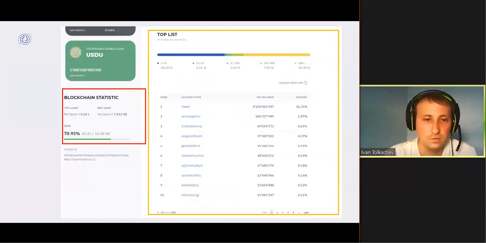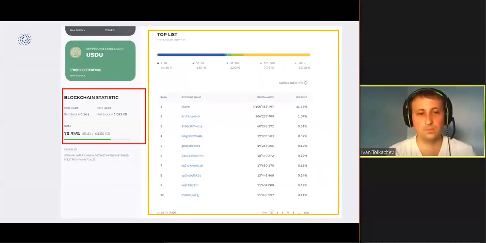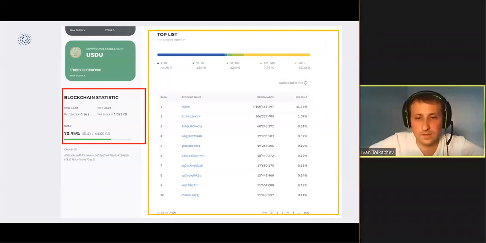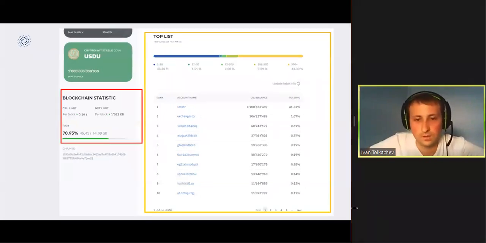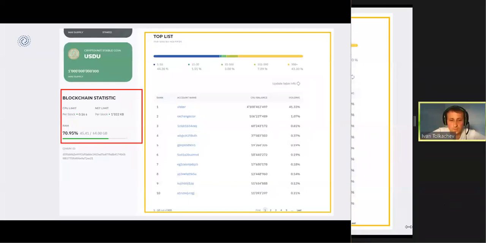If you scroll down this page, you will find additional information, blockchain statistics, the key parameters of blockchain operation, including CPU, NAT, and RAM. These parameters, these indicators will be detailed further when we go to the section wallet, what you can find in the wallet and how it is operated.